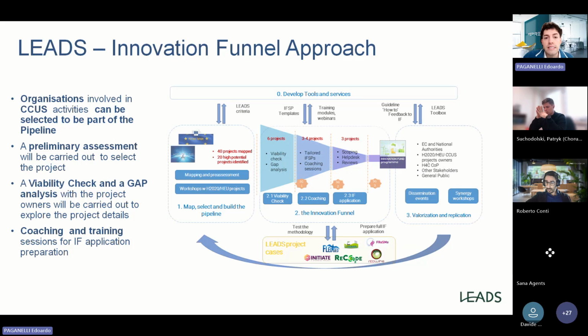The third phase is that the projects that pass the viability check and the gap analysis are helped by LEADS experts, namely by P&O and Admiris, our two technical partners, where they undergo dedicated training and coaching to be supported in applying to the Innovation Fund.